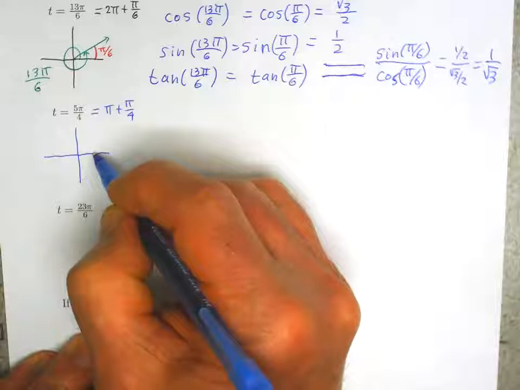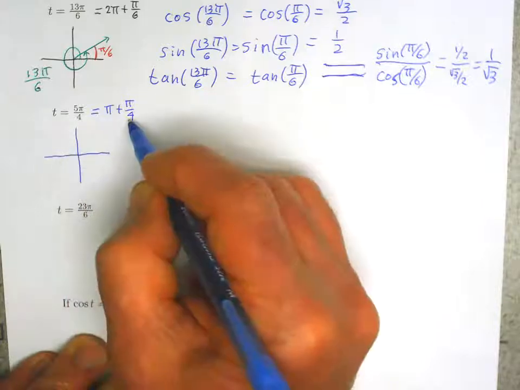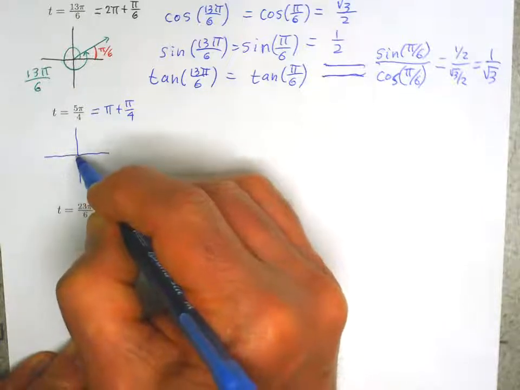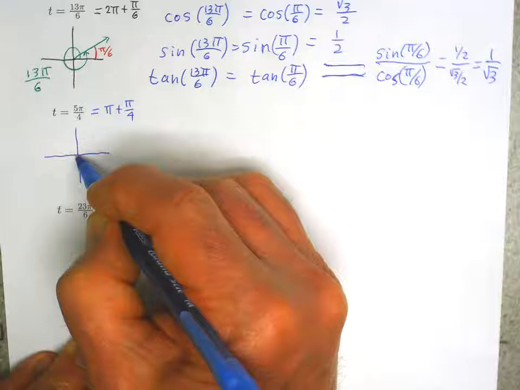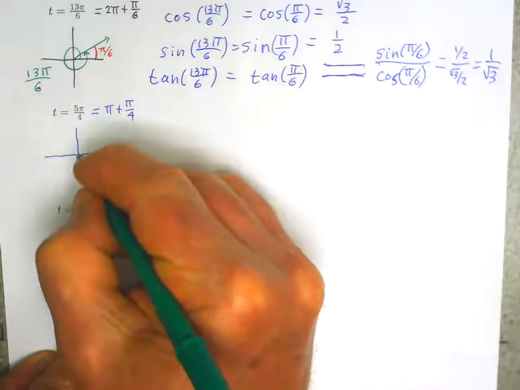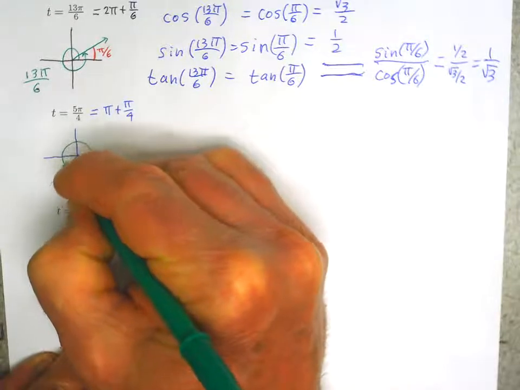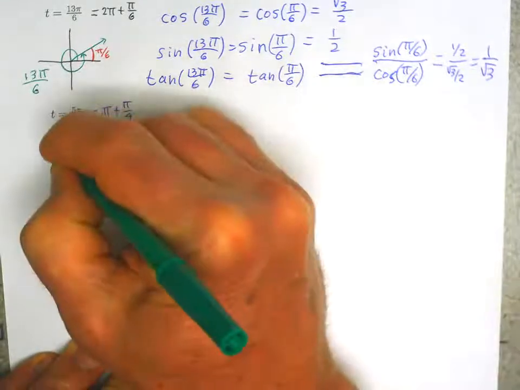So if we just went from the positive x-axis to the negative x-axis, that would be pi. And then we go pi over 4 more, which is equivalent to 45 degrees more. So here is 5 pi over 4.